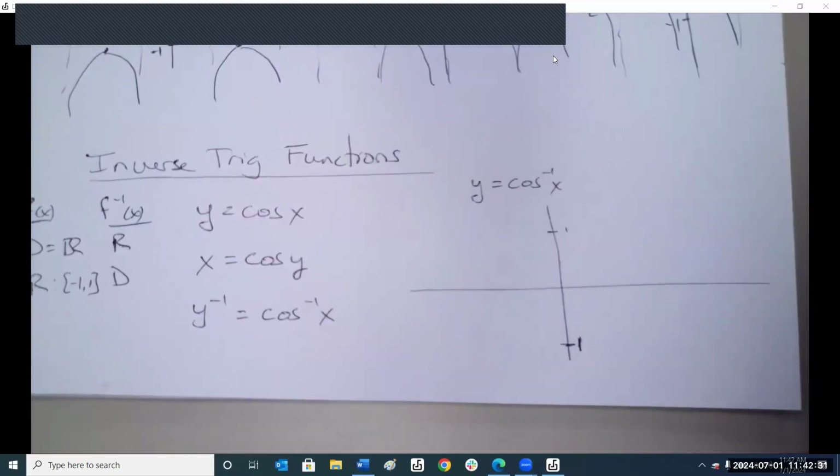So what's the inverse cosine function going to look like? What's that? The graph, yeah. And what's that going to look like?